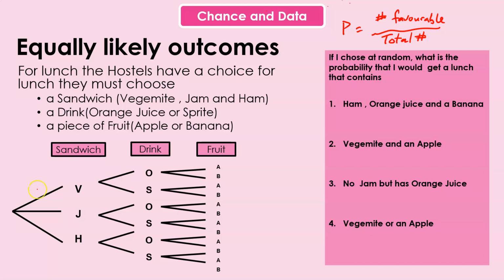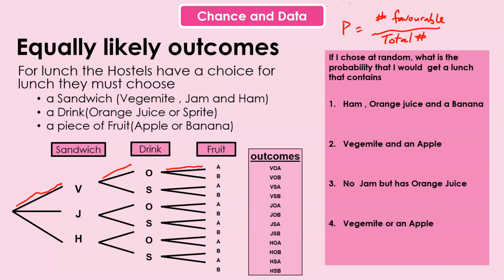So going along each branch, if we take a look at this branch, for example, what we end up with is Vegemite, orange juice, and an apple. This branch is the jam, Sprite, and an apple.